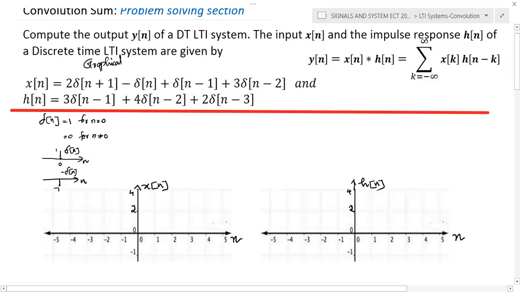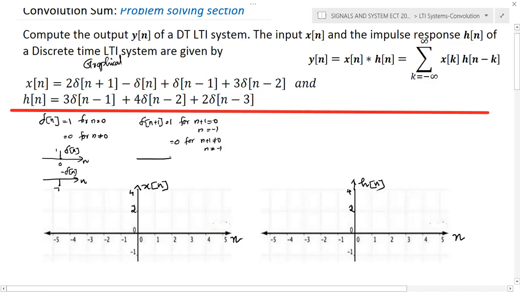Now we can think about the next signal, that is 2 del of n plus 1, and first we will write the definition for del of n plus 1. Del of n plus 1 means 1 for n plus 1 equal to 0, or if you rewrite, you can write n equal to minus 1, and 0 for n plus 1 not equal to 0 or n not equal to minus 1.